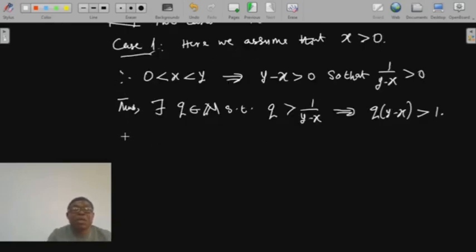Also, observe that qx is bigger than 0. The reason is that x is bigger than 0 and q is a natural number. Therefore, qx is bigger than 0.